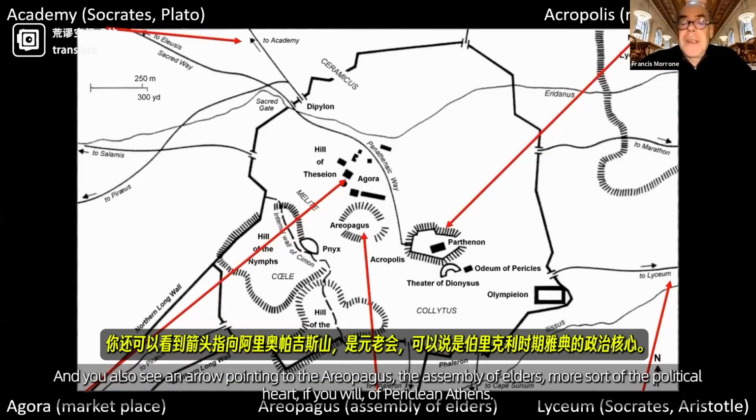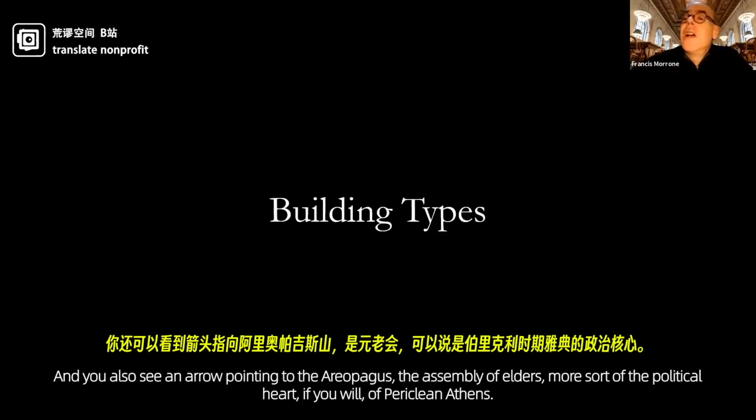And you also see an arrow pointing to the Areopagus, the assembly of elders, more the political heart, if you will, of Periclean Athens.